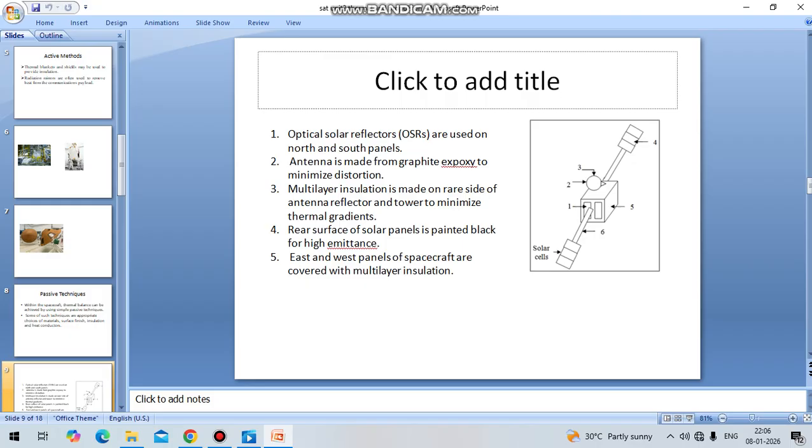Multi-layer insulation is applied on the rear side of the antenna reflector and tower to minimize the thermal gradients. Also, the rear surface of the solar panels is painted black to improve the high emittance rate. Lastly, the east and west panels of the spacecraft are covered with multi-layer insulation.